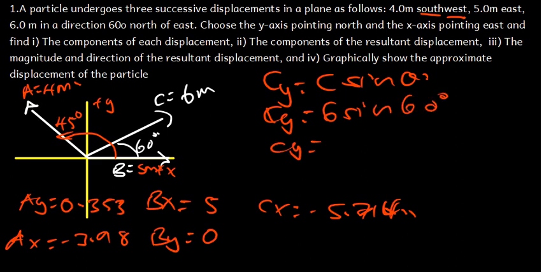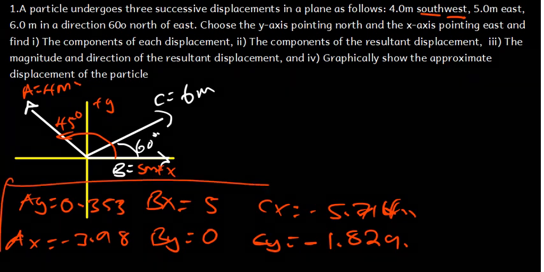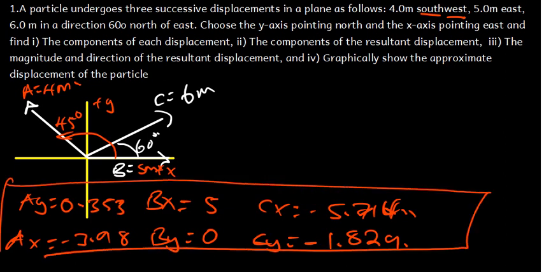Cy is going to be 6 sine 60, and I'm getting negative 1.829. Now part A is saying find the components of each displacement. So these are the components which you have come up with, the components of each displacement.